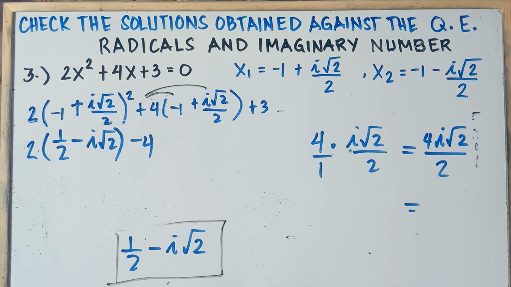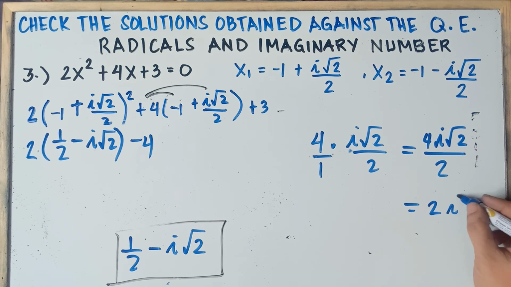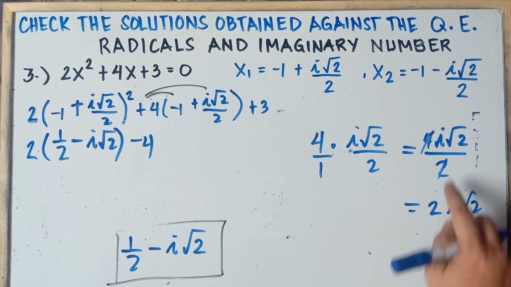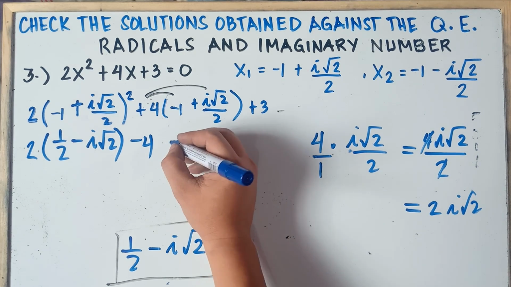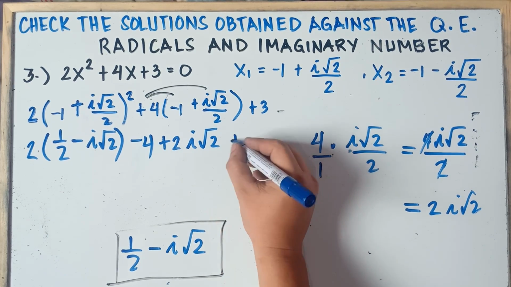Can we divide? Yep, 4 divided by 2, that is 2. Then copy i square root of 2. So this will be equal to positive 2i square root of 2, and then copy plus 3.